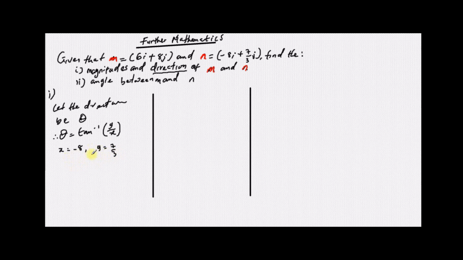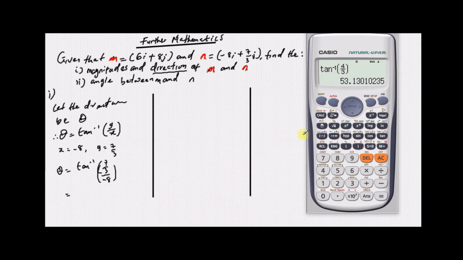Substituting all of this into the formula, we have theta to be tan inverse of 7 over 3, everything divided by minus 8.